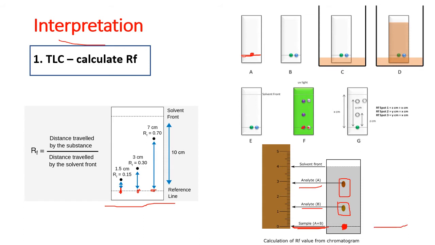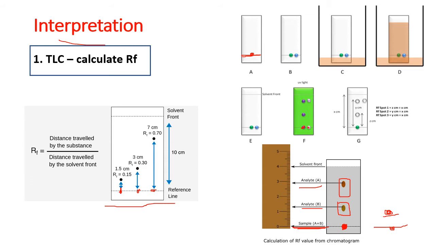But if my sample gave me just 1 spot, then my sample has just 1 analyte inside. So this is the difference between the two.